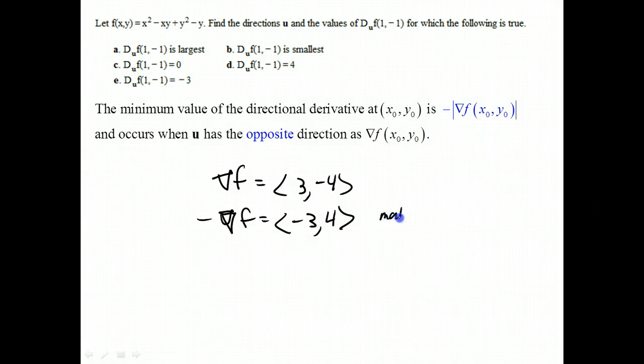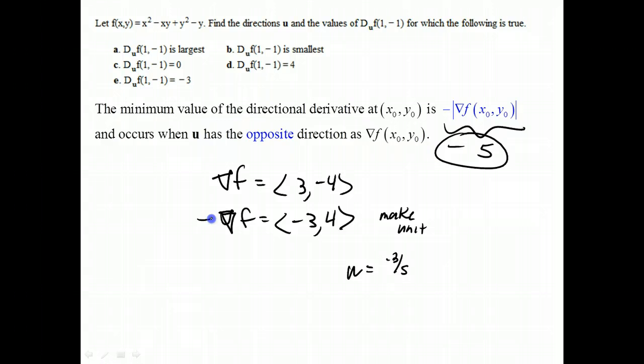Make it unit. But this number here is negative 5. That's the smallest the directional derivative can ever get at that point. So the u that they want is negative 3/5 and positive 4/5.